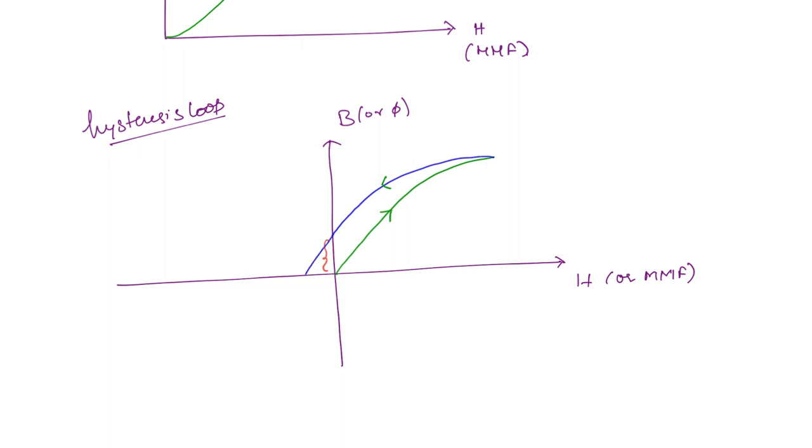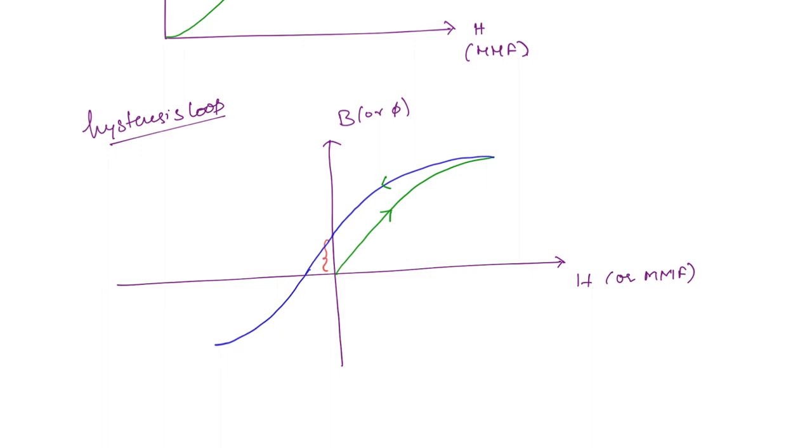Here it is becoming 0 at this point. So if MMF is reduced to 0, there will be a non-zero value of flux, and if you are further reducing the MMF towards the negative values, then the flux will become 0. So on the opposite side, you are now increasing the magnitude, and in that direction you will get a similar curve. Here also, to a certain extent, the curve will be linear and then it will become saturated.